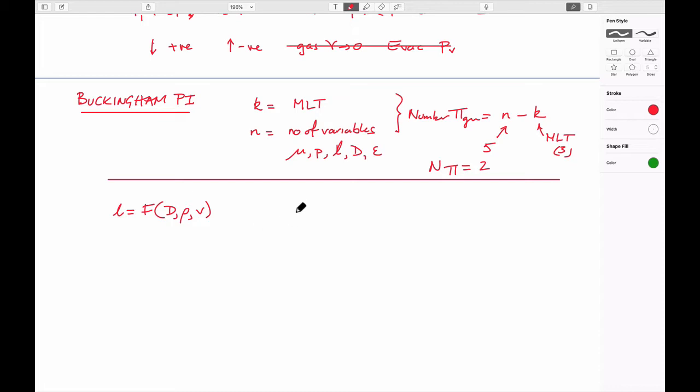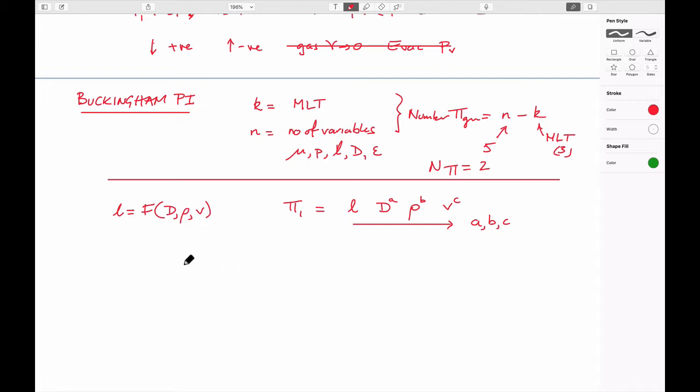And if we have that, then we can always define a pi group as being equal to the variable L to the power 1, the variable D to the power A, the density to the power B, and the velocity to the power C. And all that Buckingham Pi gets us to do is figure out what A, B, and C are as numeric values, and then resubstitute in these to identify the form of this non-dimensional variable. You've done it before, so you can see that directly.